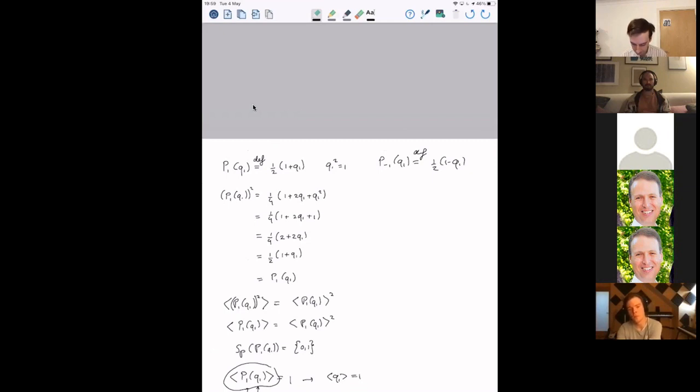And like P1, P minus 1 has the property that its square is equal to itself, and so it also has two sharp values, 0 and 1. And these again correspond to probabilities, but in this case the probabilities that you measure the qubit to have value -1.